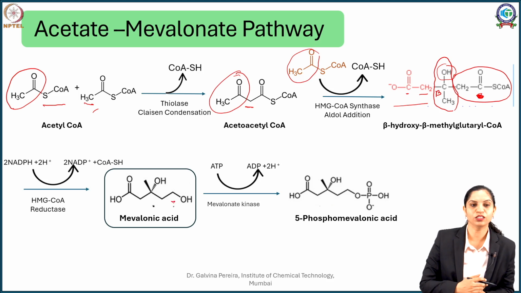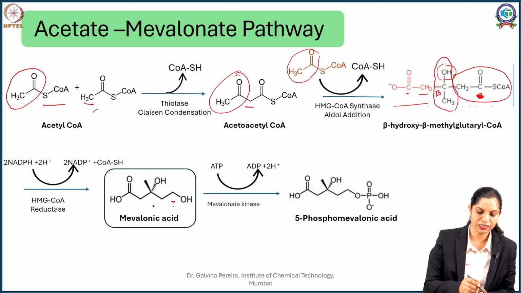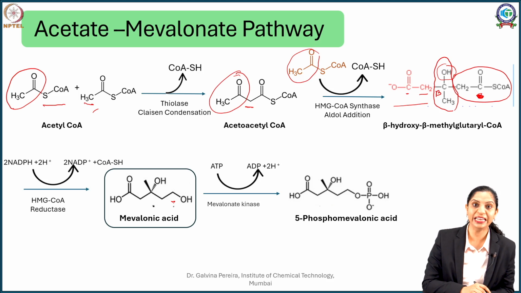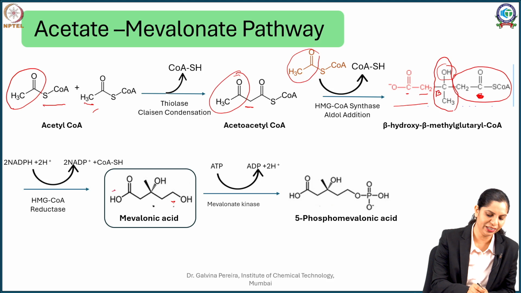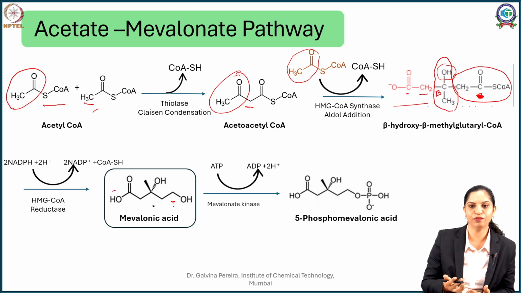This happens in presence of NADPH, a kind of cofactor. Now this produces one of the key intermediates in your isoprenyl pathway, and that is mevalonic acid. This is where the mevalonate pathway gets its name from. Now in some cases you might find it represented as an anion, that is mevalonate. That's also perfectly fine. I've put it here as mevalonic acid.